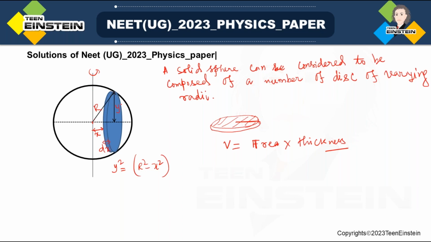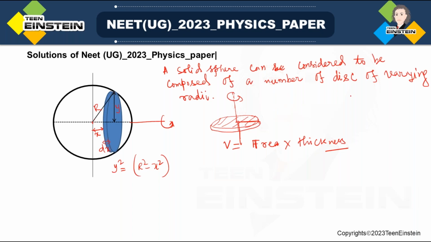Here I think I should not take this as the axis of rotation. According to my figure, this one should be the axis of rotation, because we want to calculate the moment of inertia of the disk about its own axis.